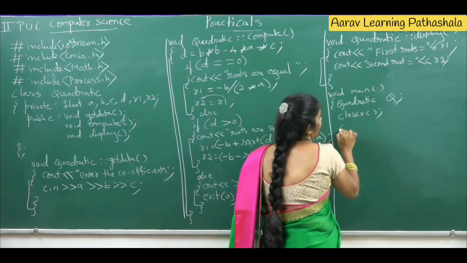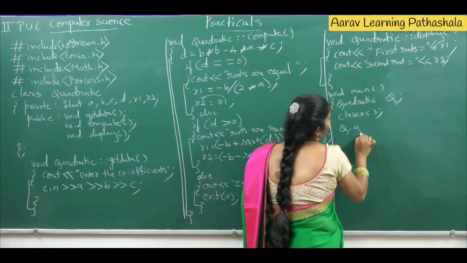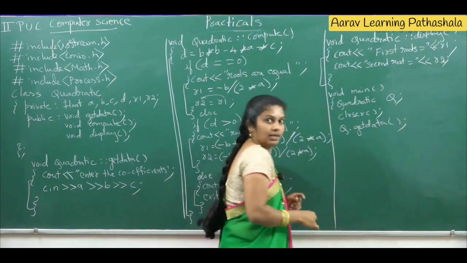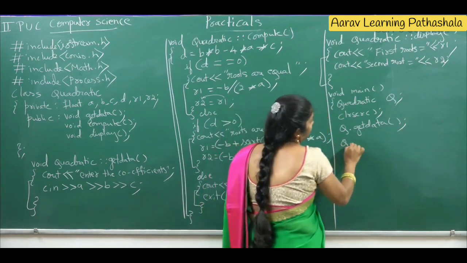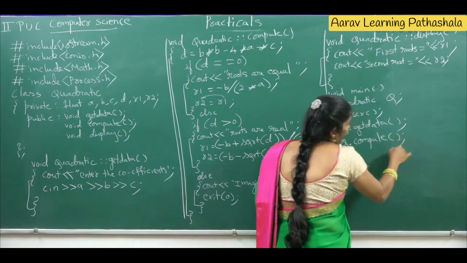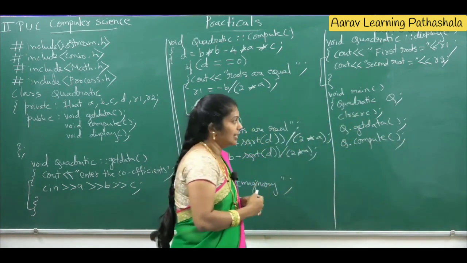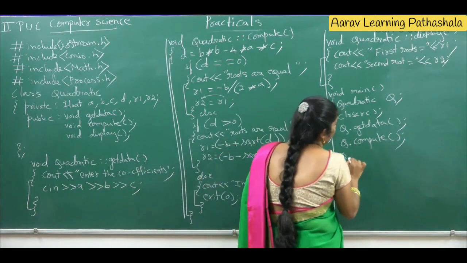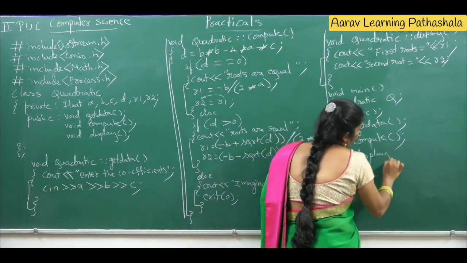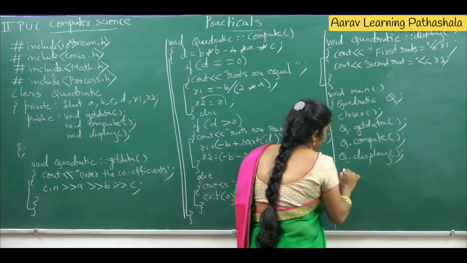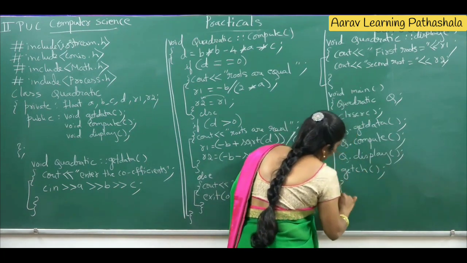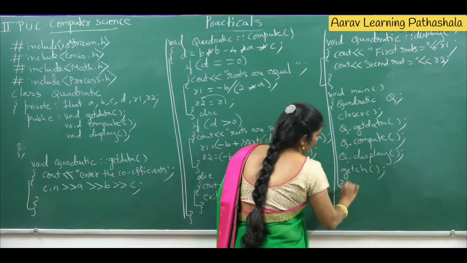The object name here is Q dot get data function. Second one, Q dot compute function. The last one, that is Q dot display function. Then getch, then close the main program which we have opened.